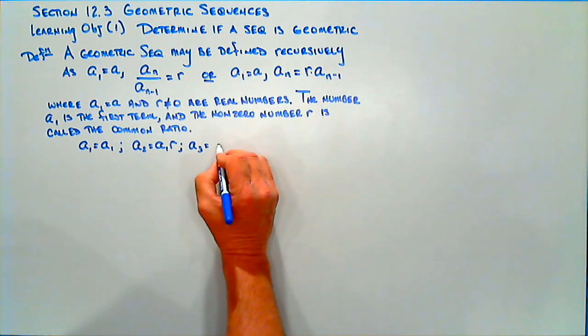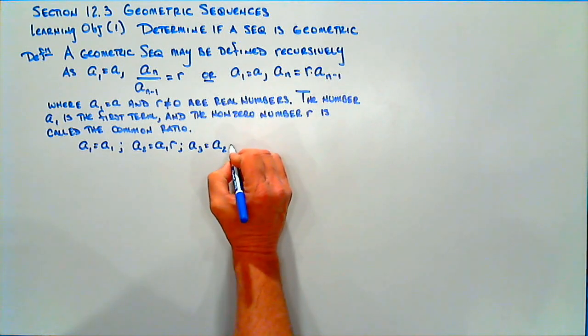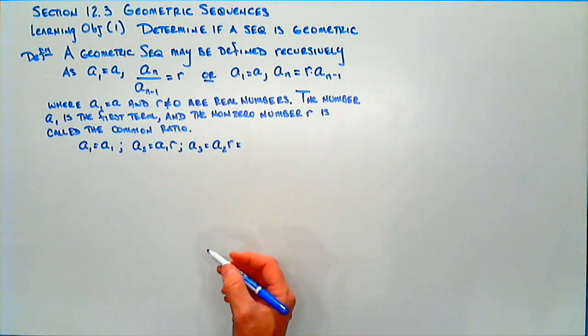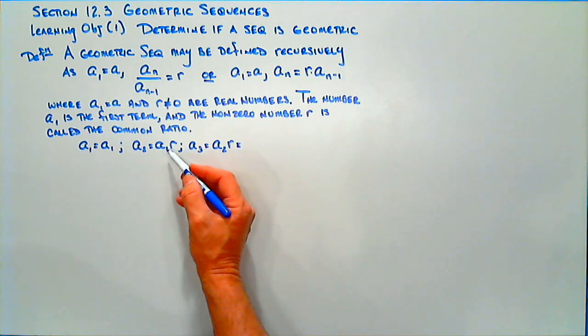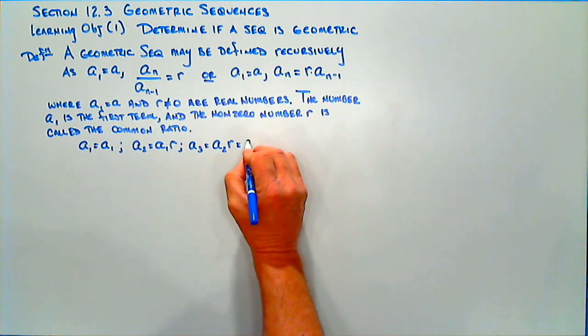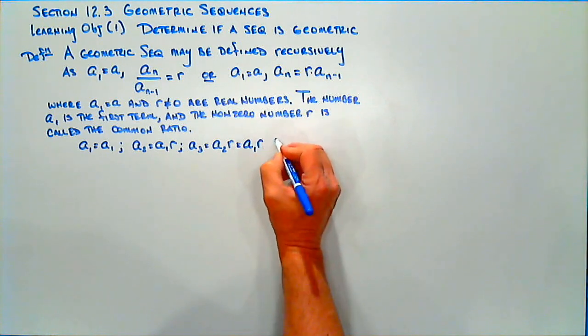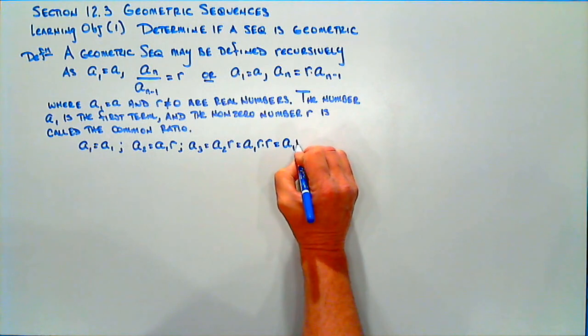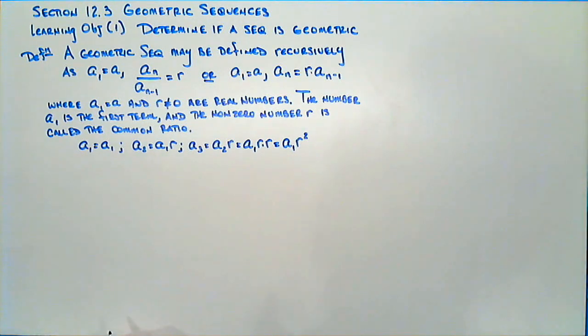But what do we know the second term is? We're going to go back and look. The second term is A1 times R. So that's going to be A1 times R times another R, or A1 R squared.